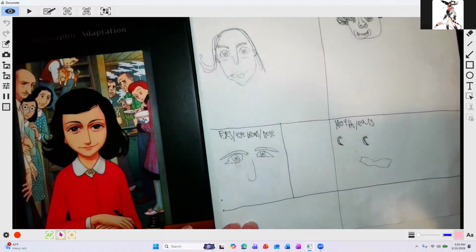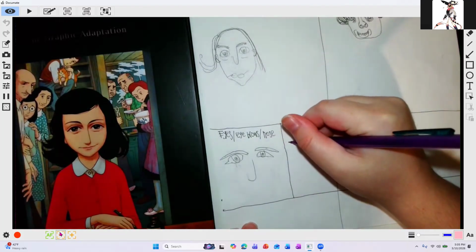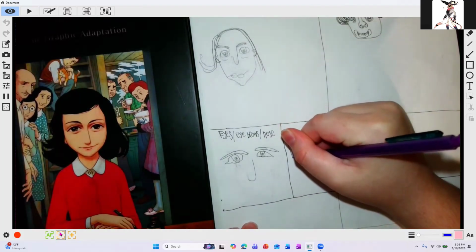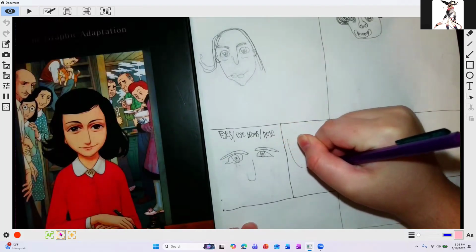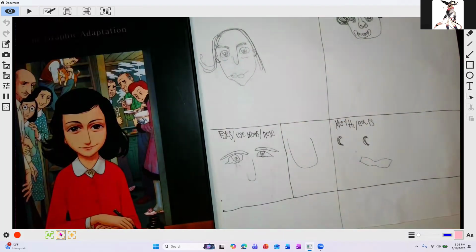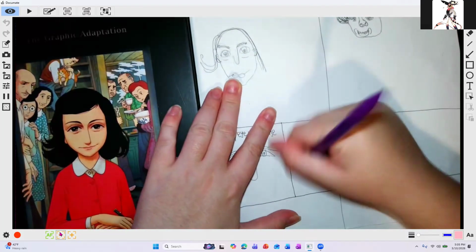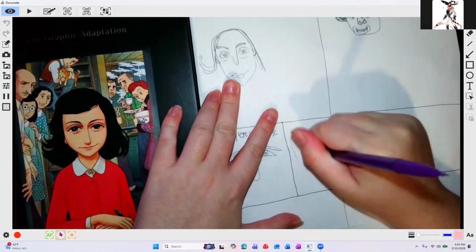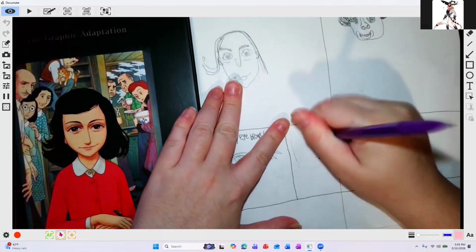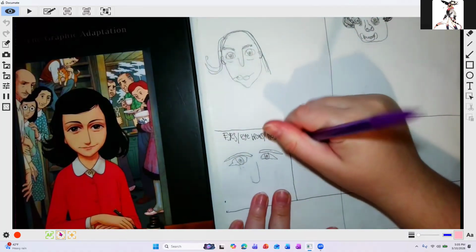I know, we should have one of those. Maybe next week I'll do it with those. Like that. Or no, not like that. But I have to erase because the chin isn't going to match up after that.